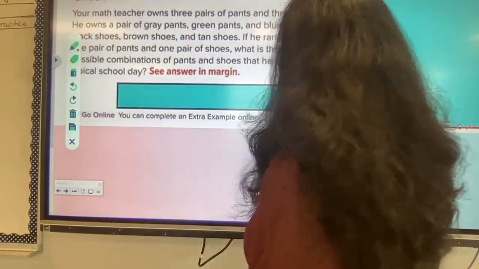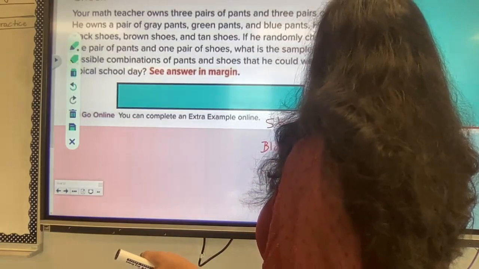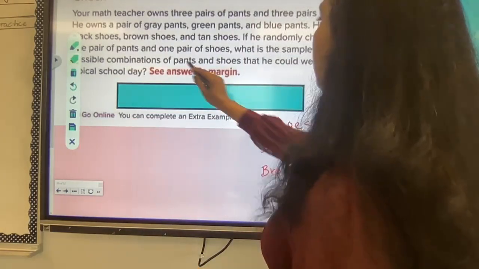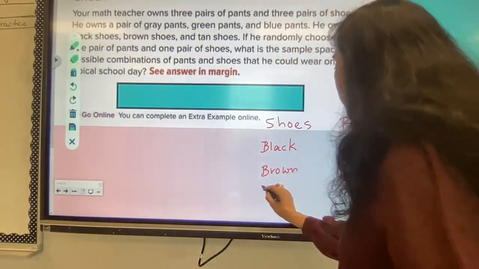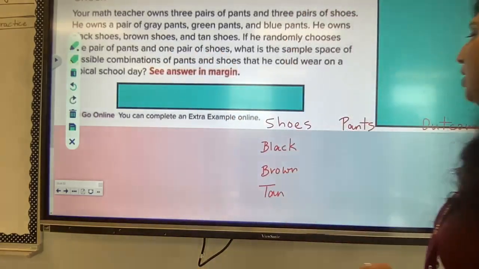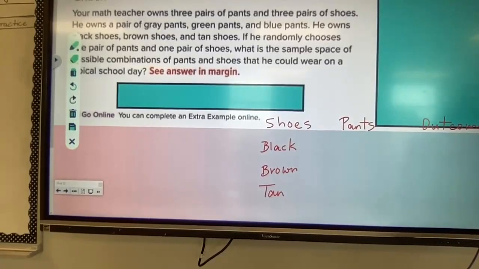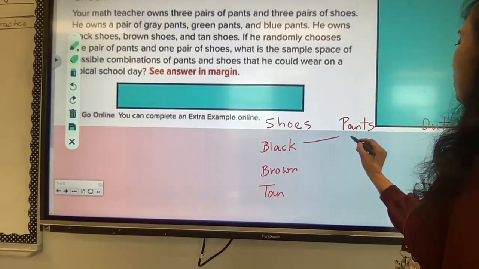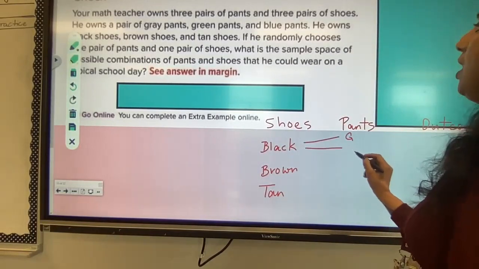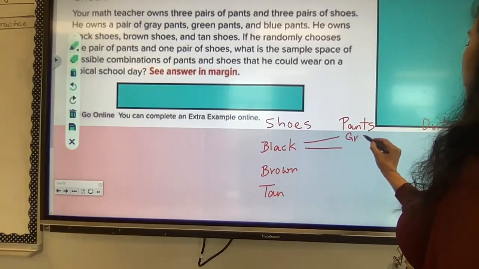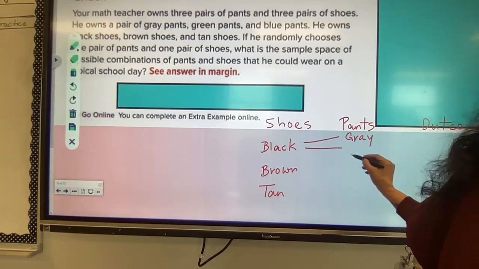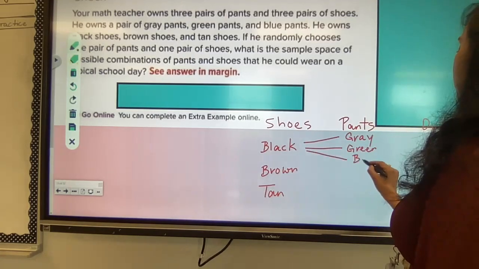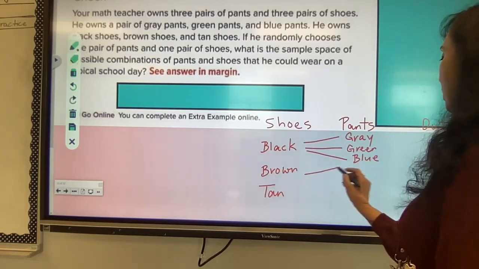Black shoes, black, brown, and tan shoes. Okay, with these he can wear three different pairs of pants to pair them. Okay, so he can wear gray, and green or blue. Same thing with the brown.